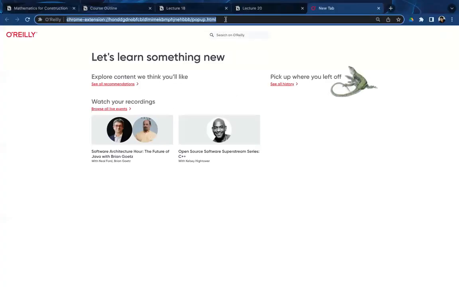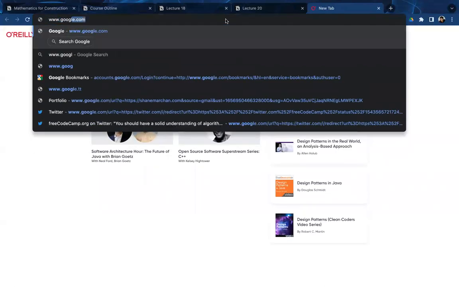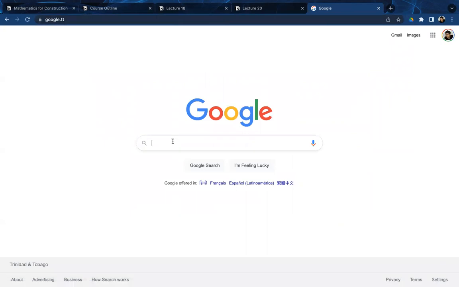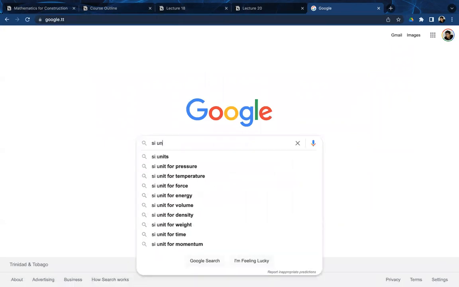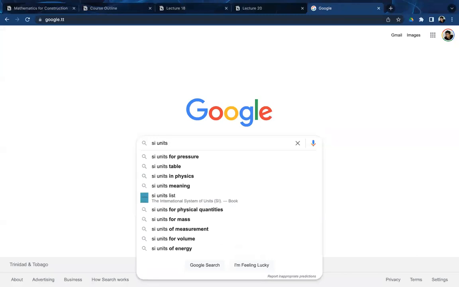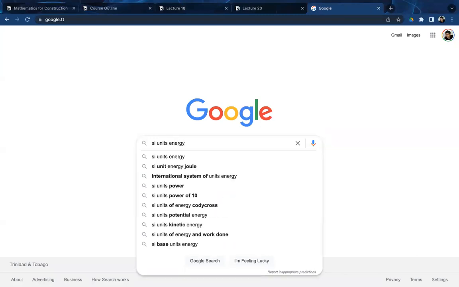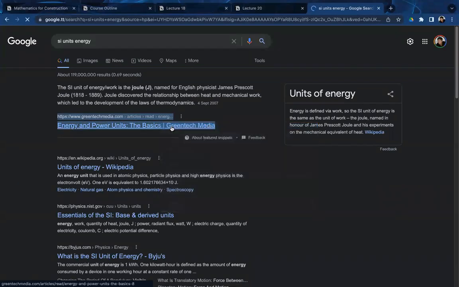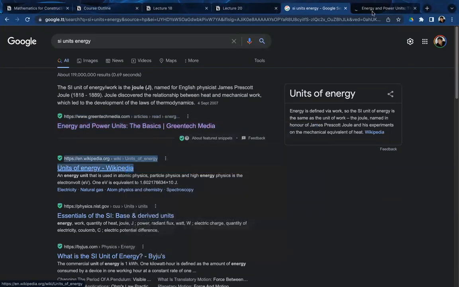So we could look up the SI units of energy.